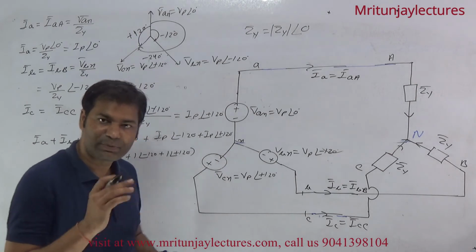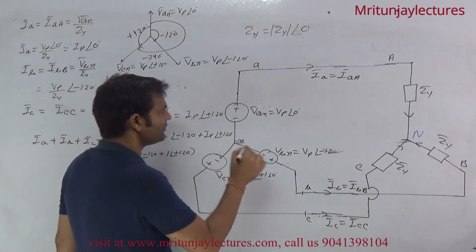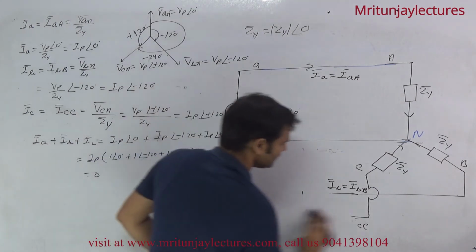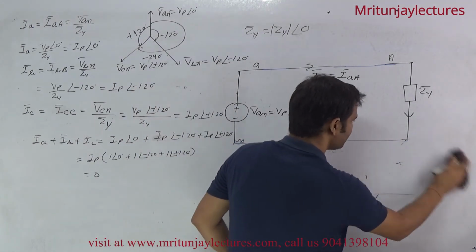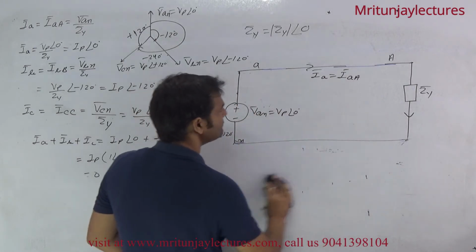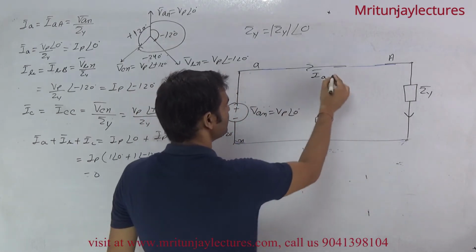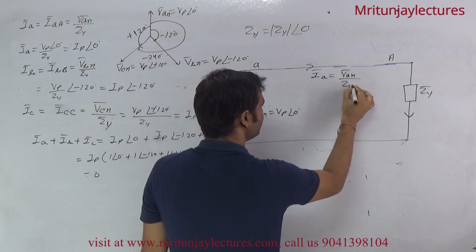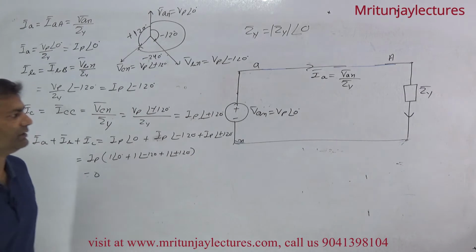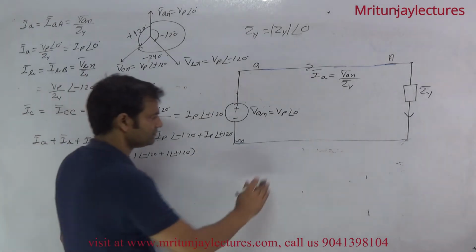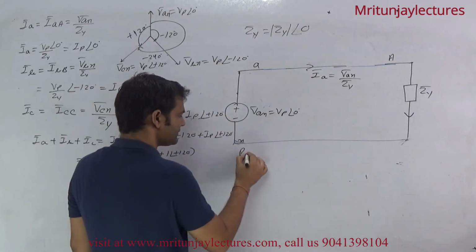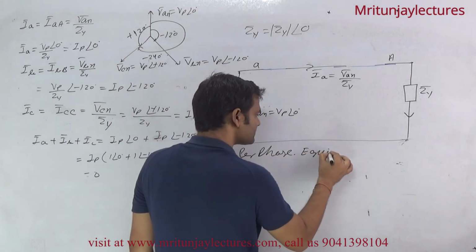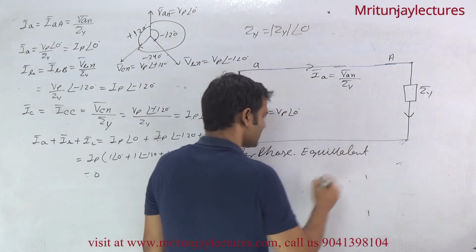If you represent it per phase like this, and this is neglected like this, then IN is equal to VAN divided by Z star. Clear? Finally, this is called the per phase equivalent representation.